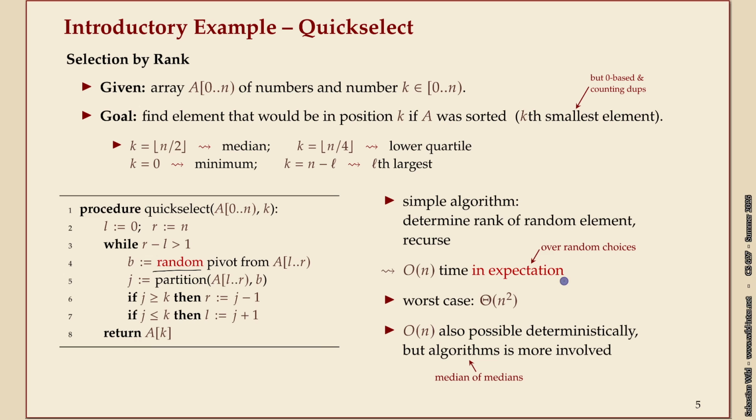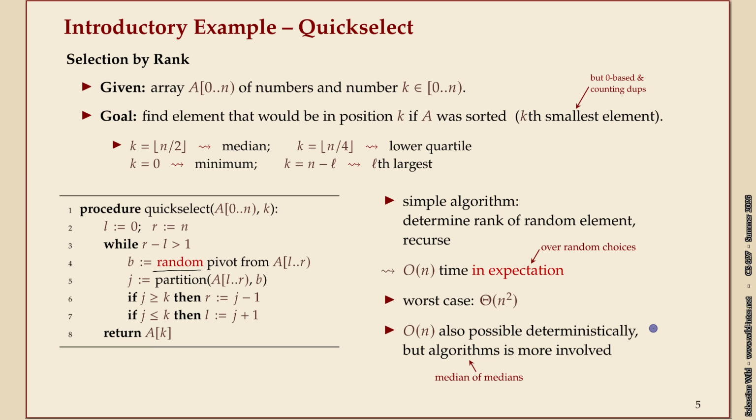But it needs this randomization to be robust. Now you can show that it takes linear time in expectation, and you can compute much more about this, determine exactly how many comparisons it does, and so on. But let's not go there yet.